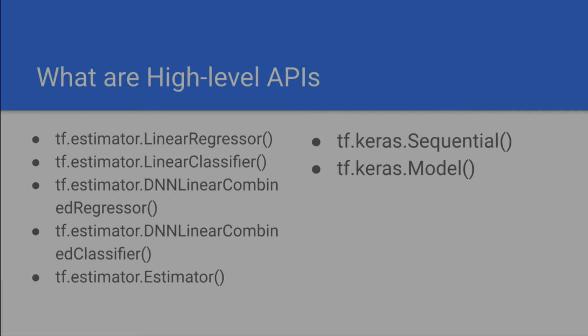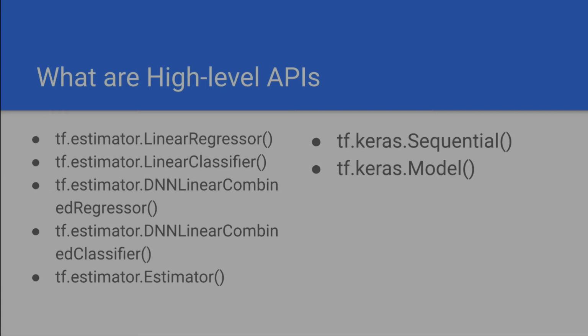However, when you start to look at the high-level APIs, there are two popular high-level APIs. There are really more than two. There are two popular high-level APIs in TensorFlow. One is called the Keras API, and the other is called the Estimator API. The Keras API lets you deal with either sequential models or the functional API, which is defined by keras.model.